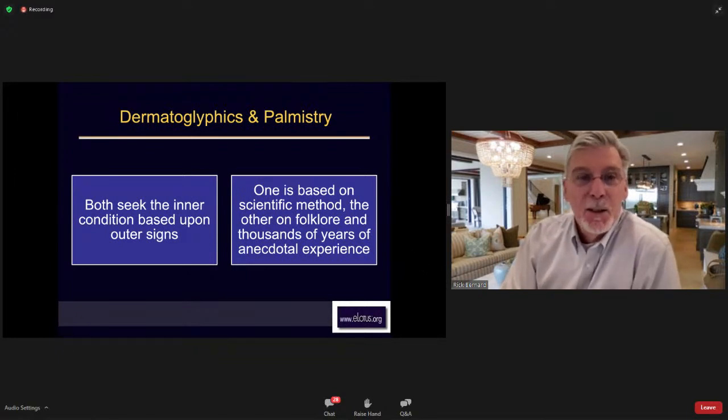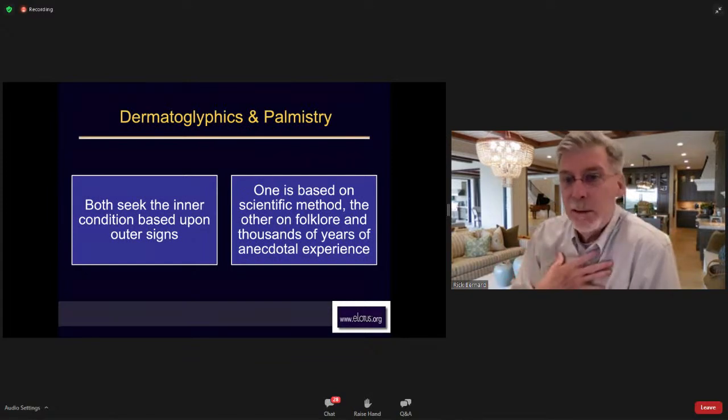Okay, so palmistry and dermatoglyphics, they both are a way of looking at the outside of our body to tell what's going on in our inner selves, our inner reality. So one is based on a scientific method, and that's dermatoglyphics. And I would say actually now both are. Before it was just more folklore.